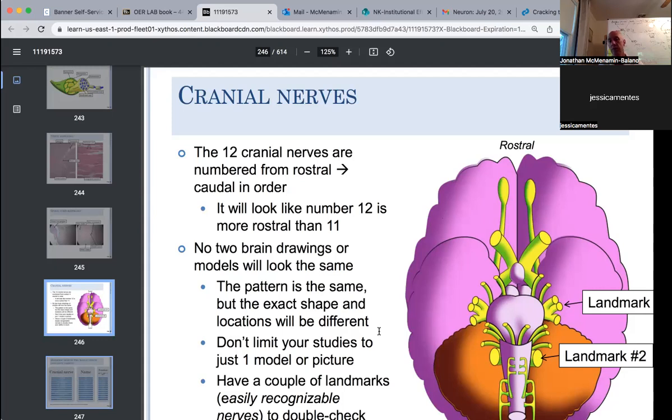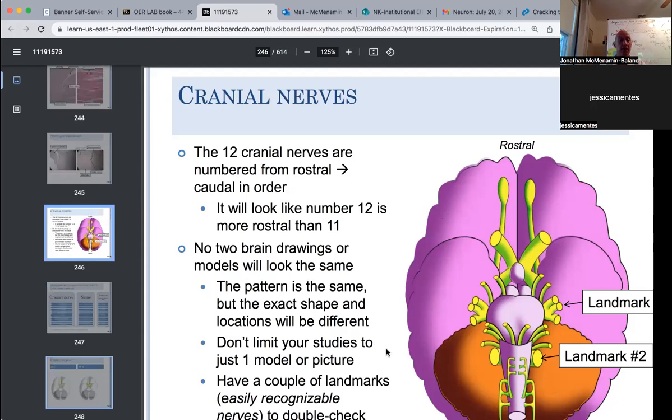Something goes wrong, you've injured your head. The idea, of course, is that by using a series of quick cues, you can figure out which damage has occurred. This lab book makes a big deal out of the landmarks for figuring out where you are, but really the simplest thing to do is the lowest numbers are towards the anterior portion, the highest numbers are towards the spinal cord. And if you can remember that, you're going to be fine.